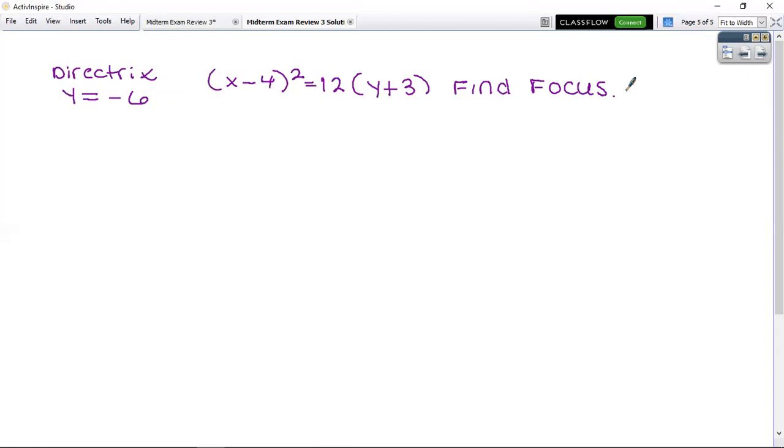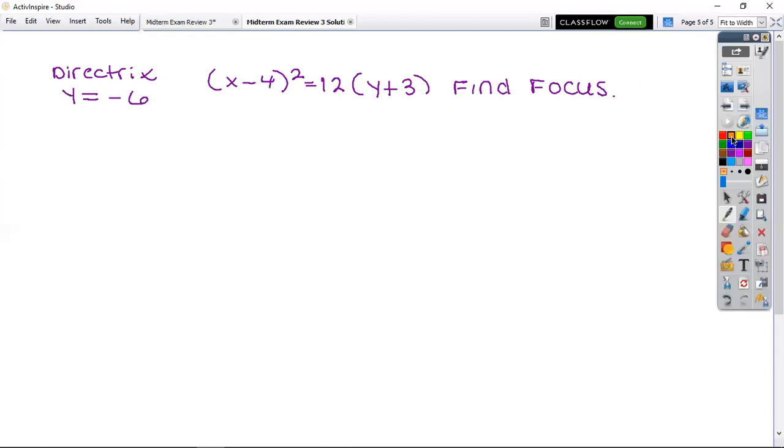So from this equation, what can I obtain immediately? Vertex. Yep. Where's this vertex located at? 4, good, 4, -3. Again, give another piece of information before you go further.